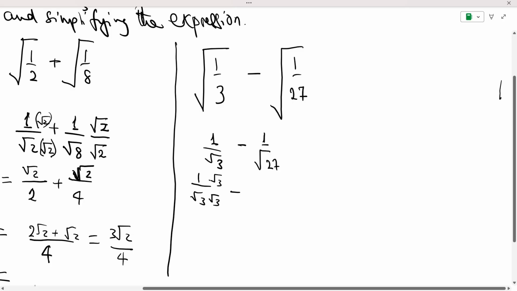So we multiply the denominator by root 27, because root 27 times root 27 will give us 27, and the top will be root 27.